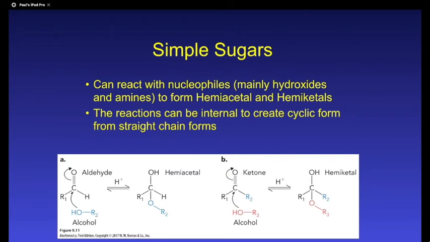Okay? And so at that ketone, we can have an alcohol, which could be another sugar itself or any alcohol, reacts at that ketone to create, if it's an aldehyde, what's called a hemiacetal, or if it's a ketone, a hemiketal. Okay? And there's just a reaction that occurs. Many of the sugars are linked this direction or this way, where you do that.